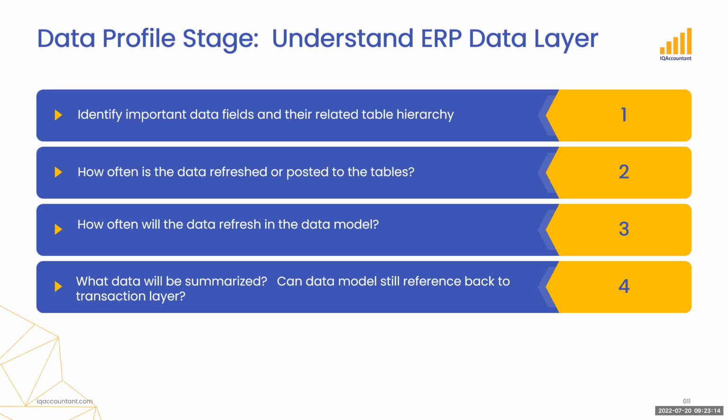That was really important. Obviously, the more detail you have, the more rows you will have in your data model. So just keep that in mind, and that will also impact where the data will be housed. Will it be in a data warehouse, and things like that. So something to keep in mind there.